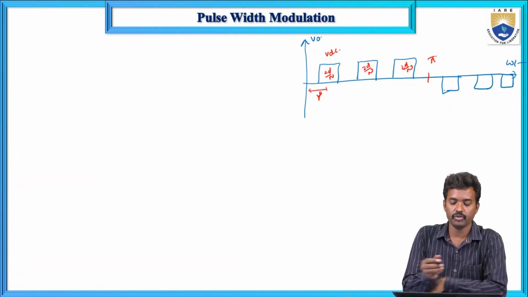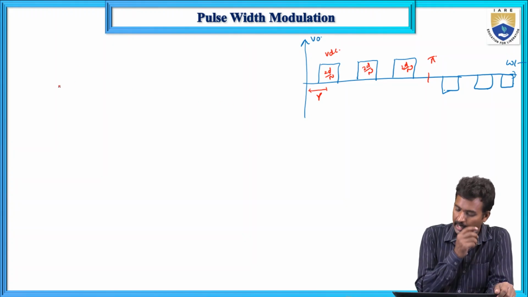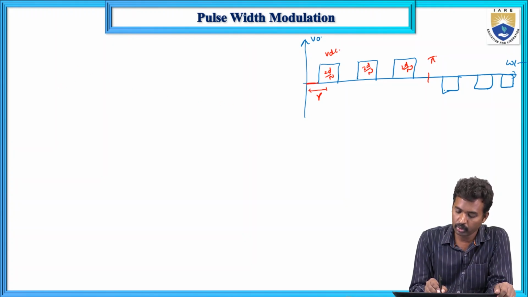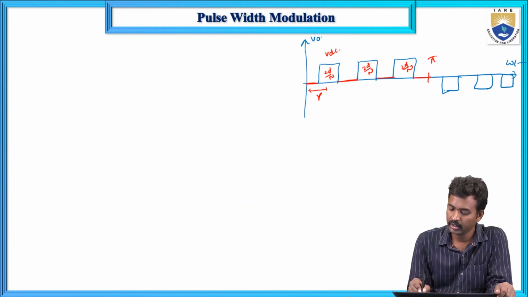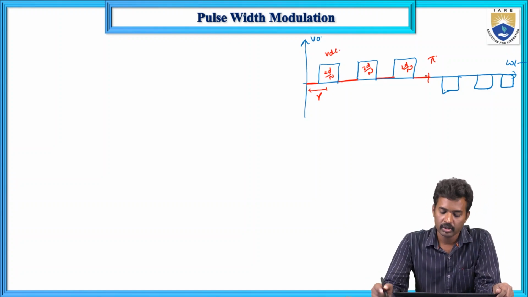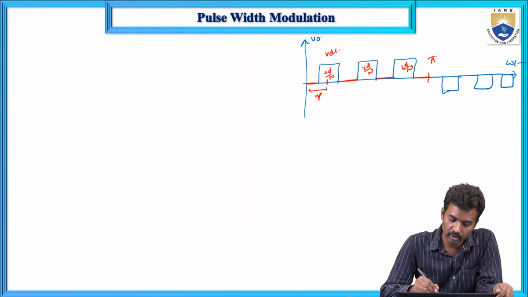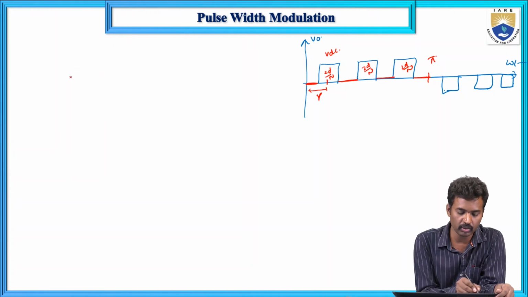Now each space width you will calculate. For 3 pulses we get 4 space widths.